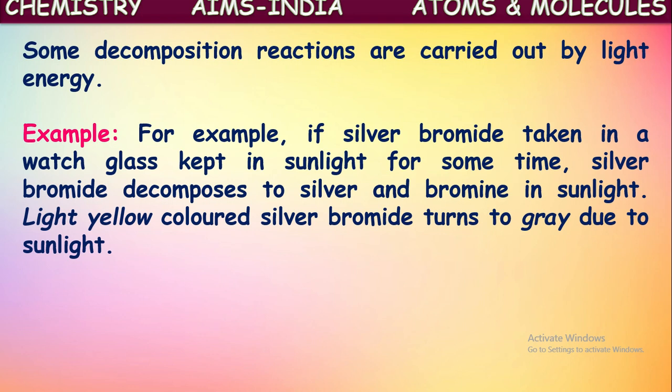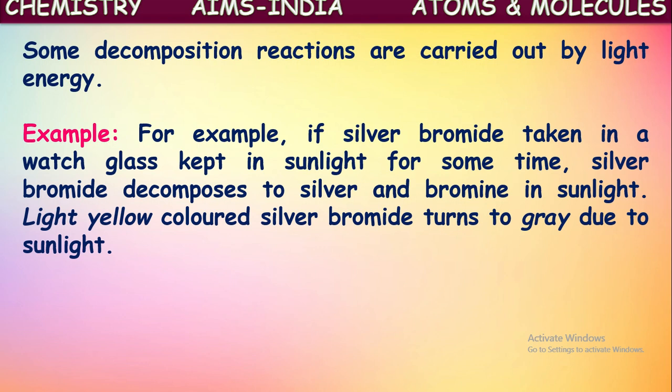So what is happening? If silver bromide is kept in sunlight for a certain time, in the presence of sunlight it decomposes to form silver and bromine gas. So bromine gas will escape out. It remains there as gray colored silver powder.